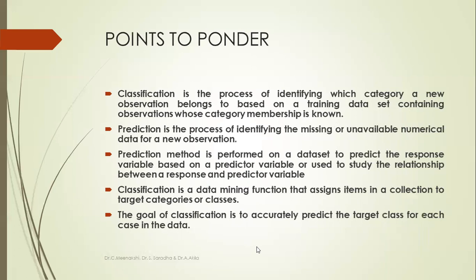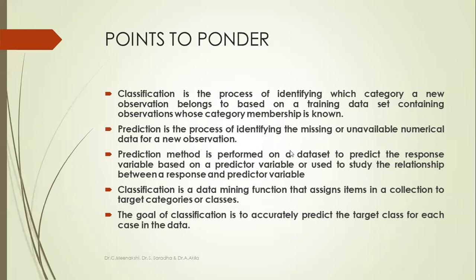So we're going to have a glimpse of everything we have learned in this last 1 hour. Classification is the process of identifying which category a new observation belongs to, based on training data containing observations whose category membership is known.